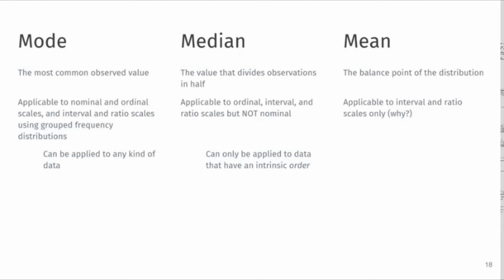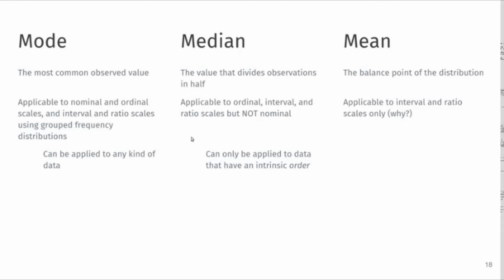There may be a tie, but there will always be at least one mode for that kind of data. And for interval or ratio scale data, you can always construct a grouped frequency distribution and find the modal interval. So the mode is the thing that you can apply to any kind of data.